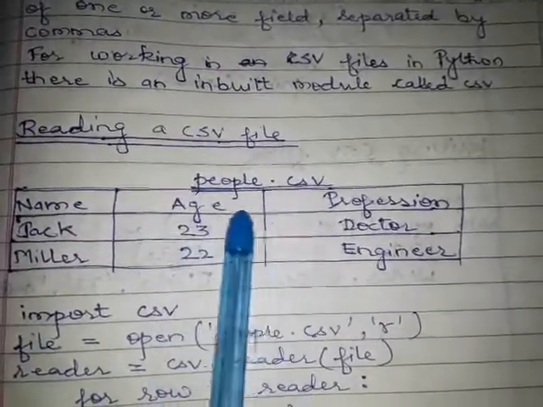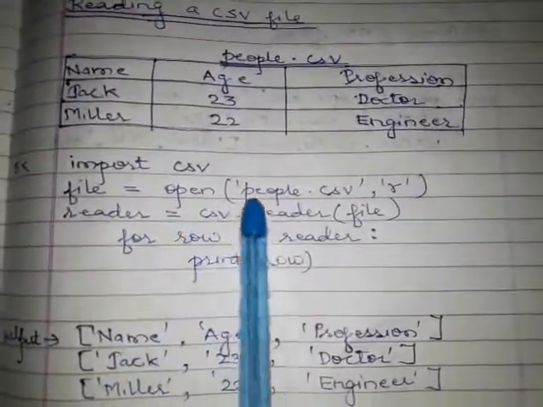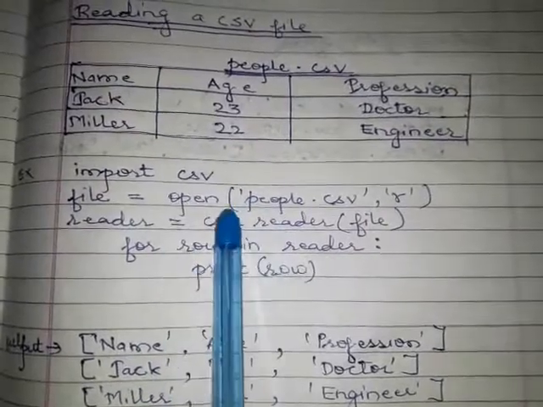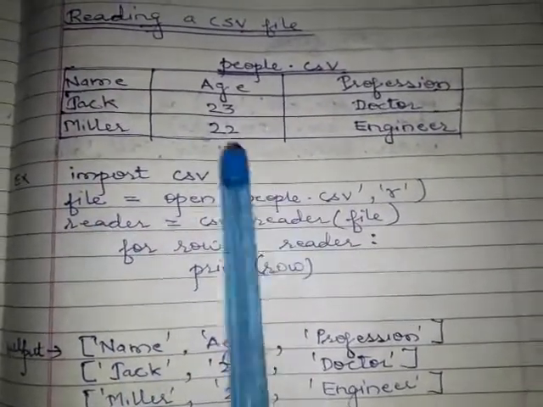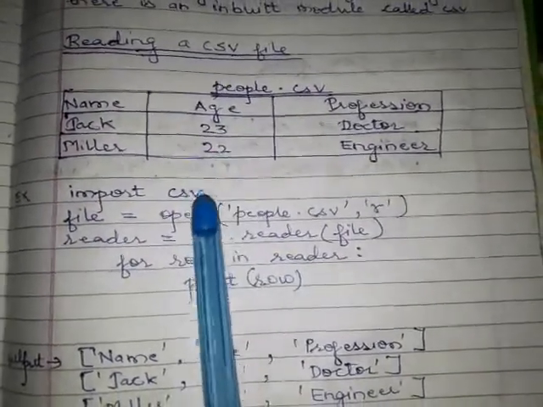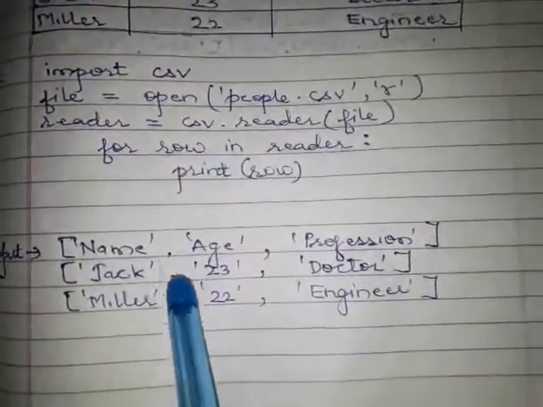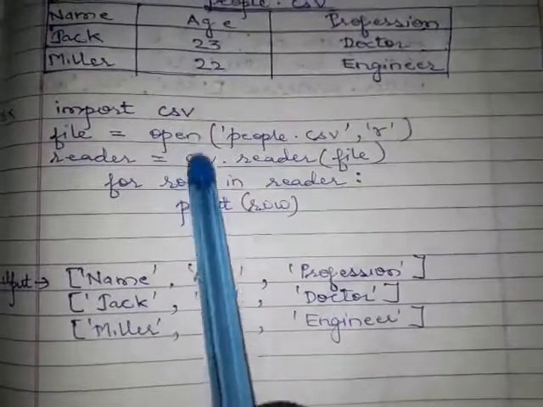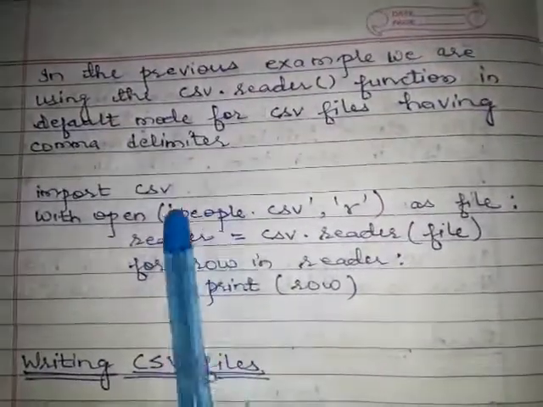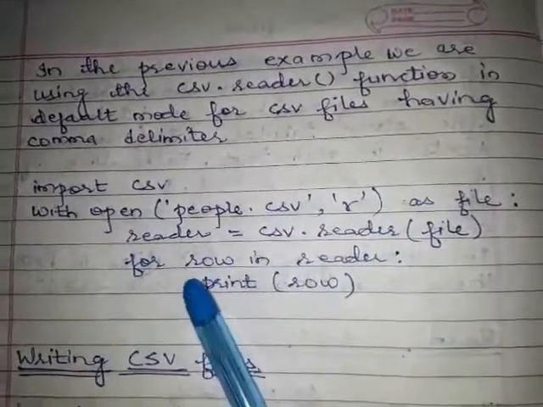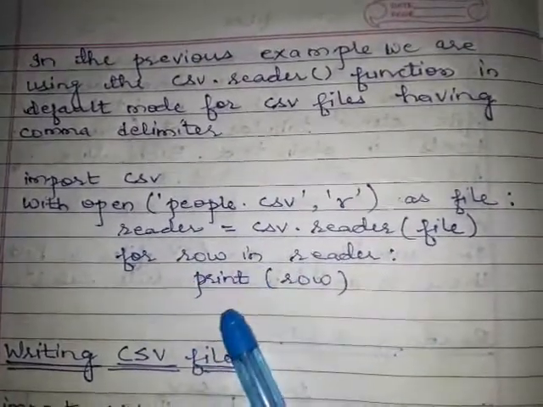After creating this file, you are able to run this code, otherwise this code is of no use. So first of all make the file, then run this code, and after running it you have the desired output. This code is the same as this code. I am showing you both codes because both are important.